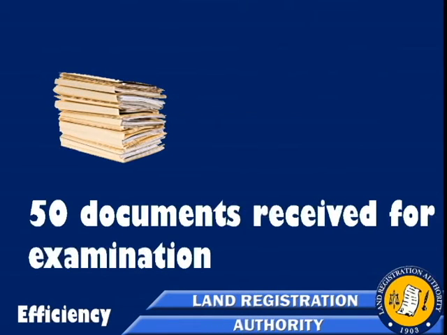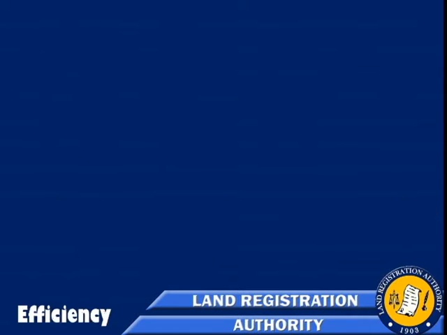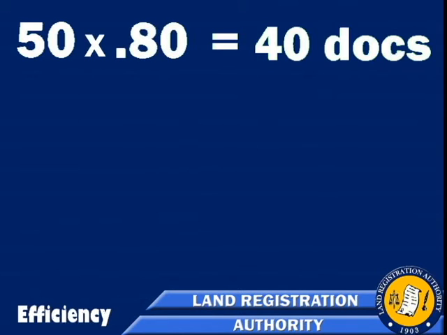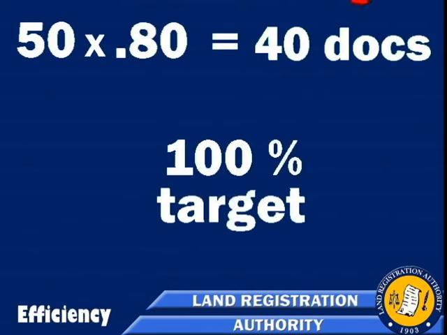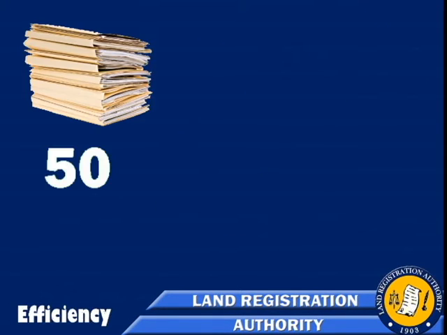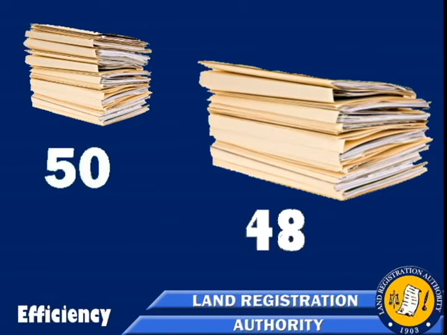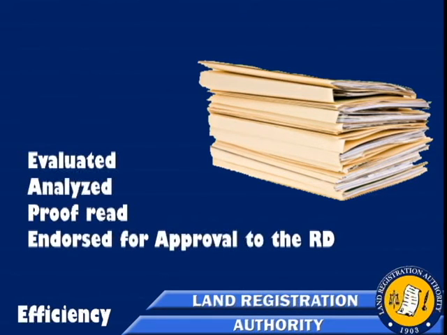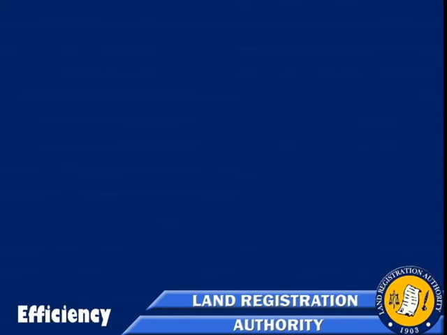Assuming that 50 documents were received for examination, 50 times 0.80 is equal to 40 documents. That constitutes the 100% target. Out of the 50 documents, only 48 documents were actually evaluated, analyzed, proofread, and endorsed for approval to the RD within the prescribed period of 1 day.